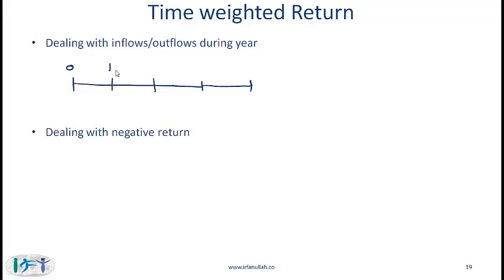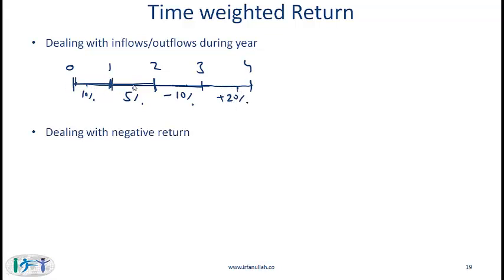So this is 1 year, and each point over here represents the end of a quarter. What we need to do is compute the return for every single period. So first quarter, the return, let's say, is 10%. In the second period, the return might be 5%. Then let's say it is minus 10%, and finally plus 20%.